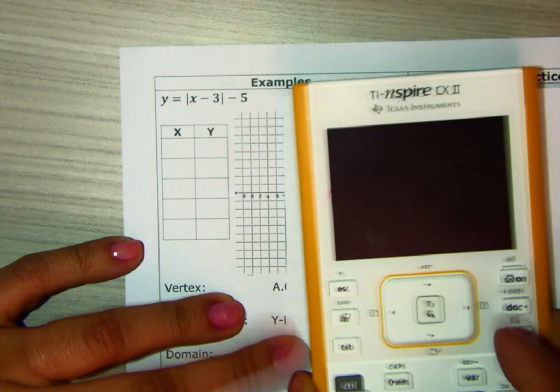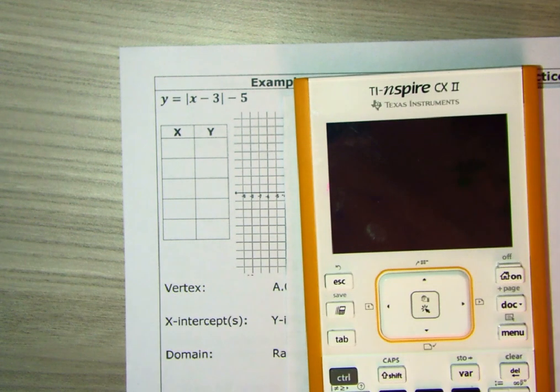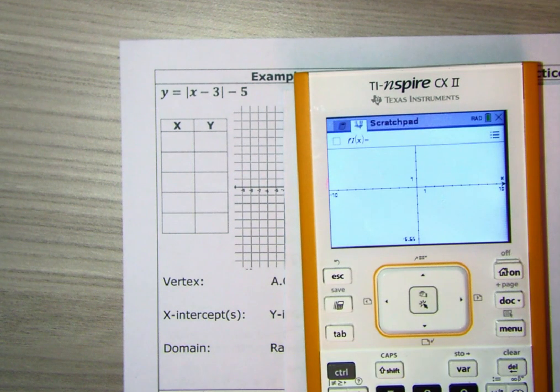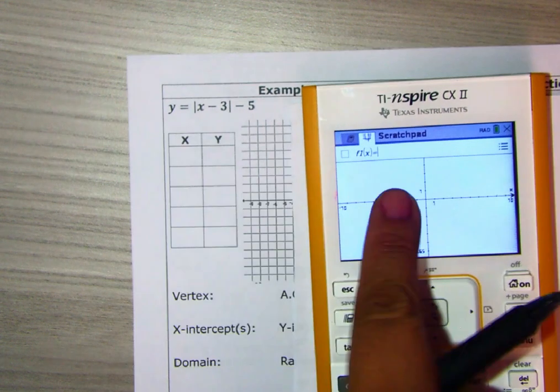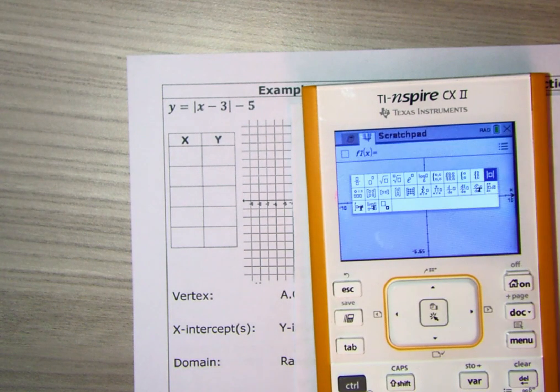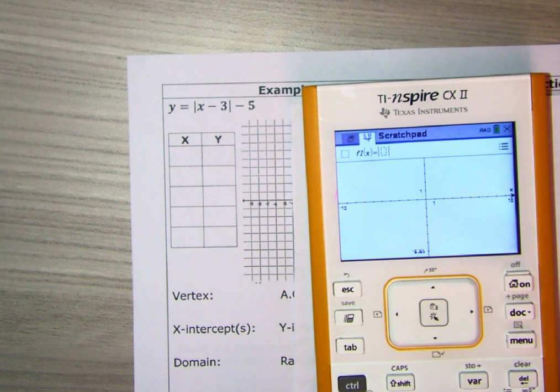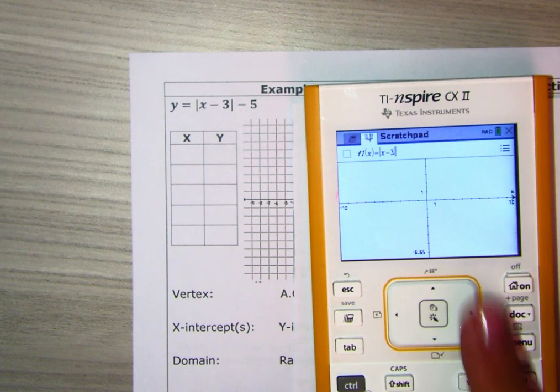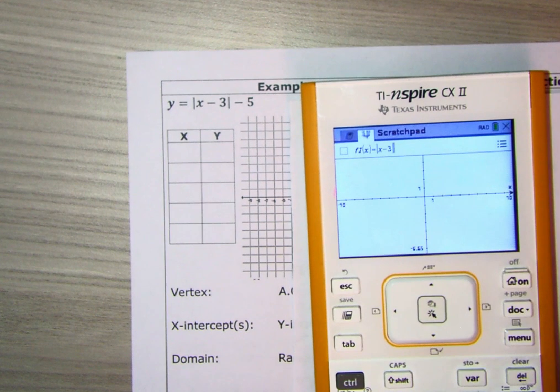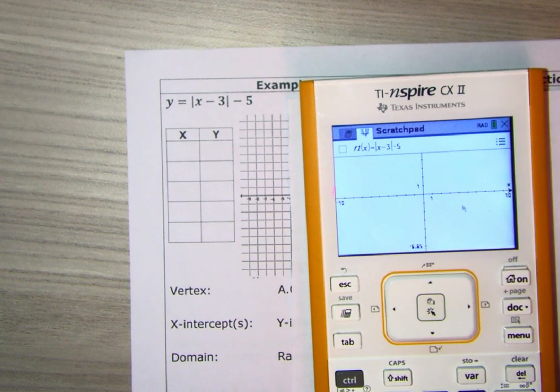Or what we can do is use our resources, which is the calculator, and go to graph and type this in here. So absolute value, x minus 3, step out of the absolute value part, and then minus 5. Press enter, and I actually made a small mistake.